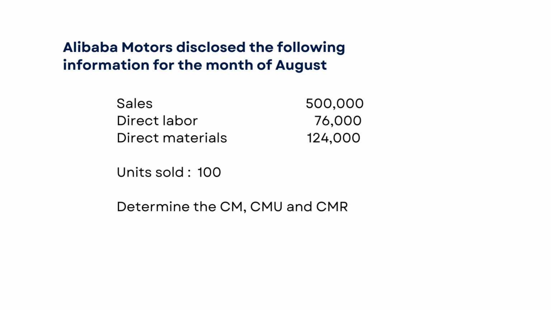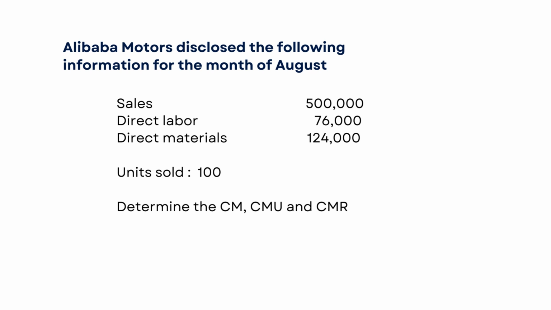So we already know how to solve for the contribution margin, right? So you have to first identify your sales, and then you solve for your variable costs, and then that is your contribution margin. So we already know that we have sales worth 500,000. Then we should identify next ano yung variable cost natin.